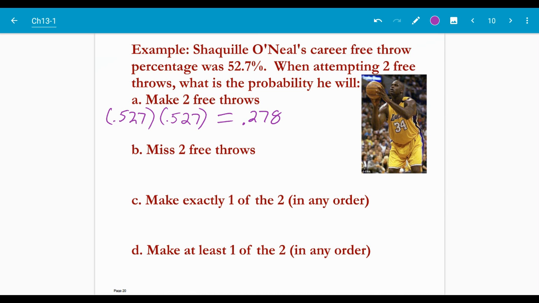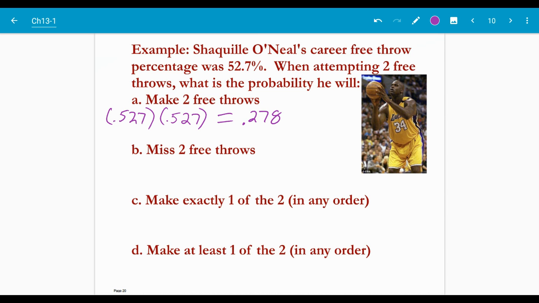Now, letter B asks for the probability that he will miss both of these free throws. Sometimes what I'll see is that students will have done part A, 27% chance that he makes both of them. So they think that, well, he either makes or he misses.